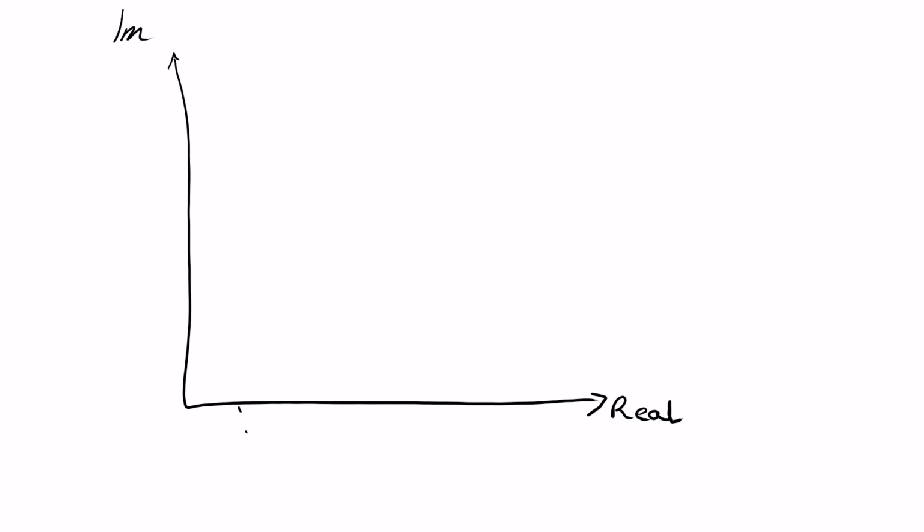So if we put some numbers on here, 1, 2, 3, 4, 5, and we pick this point here, this is 2 plus i. And this one over here is 5 plus 3i.